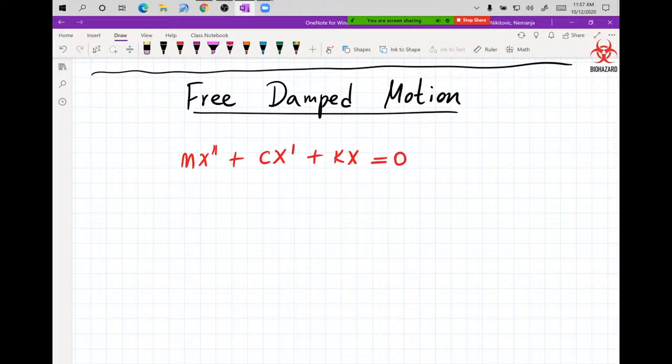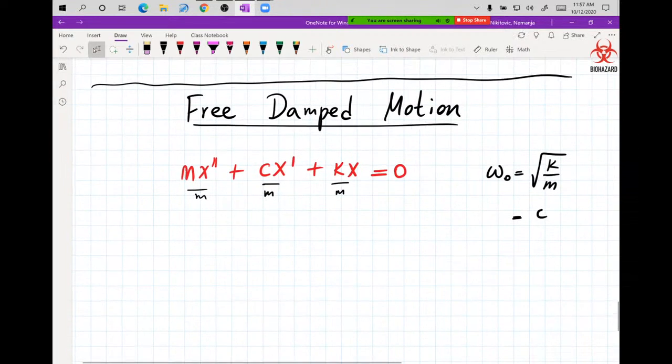All right, so now we divide everywhere by m again as before, and make a couple of substitutions. The good old omega 0 as the square root of k over m doesn't change. The new one is that this c over m in the middle is now called 2p. You would ask why? Well, the same reason: later on, equations work out nicer if you have 2p. It simplifies much nicer.